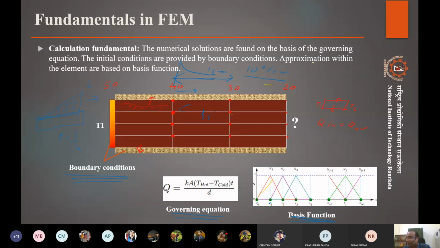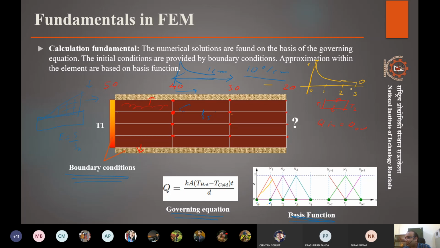It can also be that between these two nodes, suppose node 0, node 1, node 2, node 3 and so on, the division is on an exponential line. So at the first point it is 1 and at the last point it is 0.